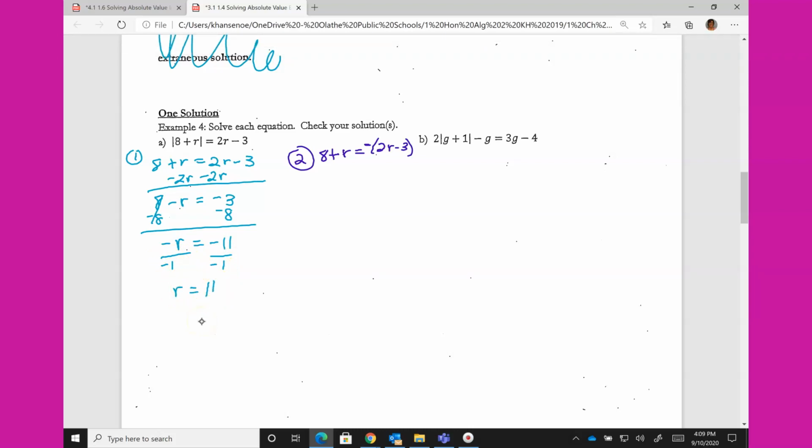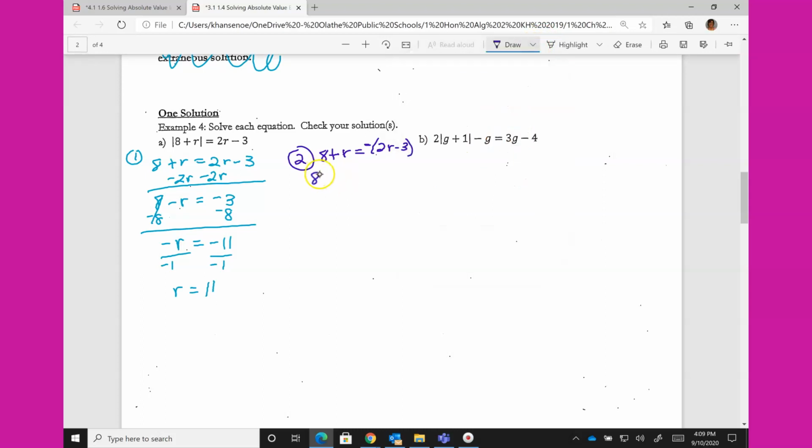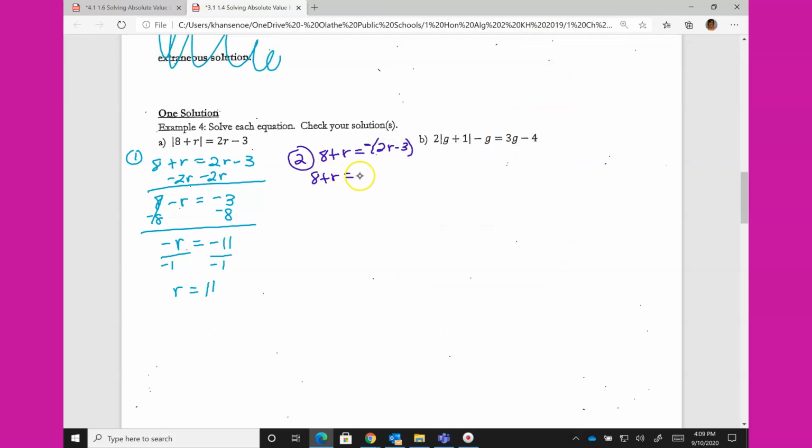Okay? Now I'm going to work the second one the same kind of way. I'm first going to distribute that negative. So I get negative 2r plus 3. I'm going to add 2r to both sides. I get 8 plus 3r equals 3.